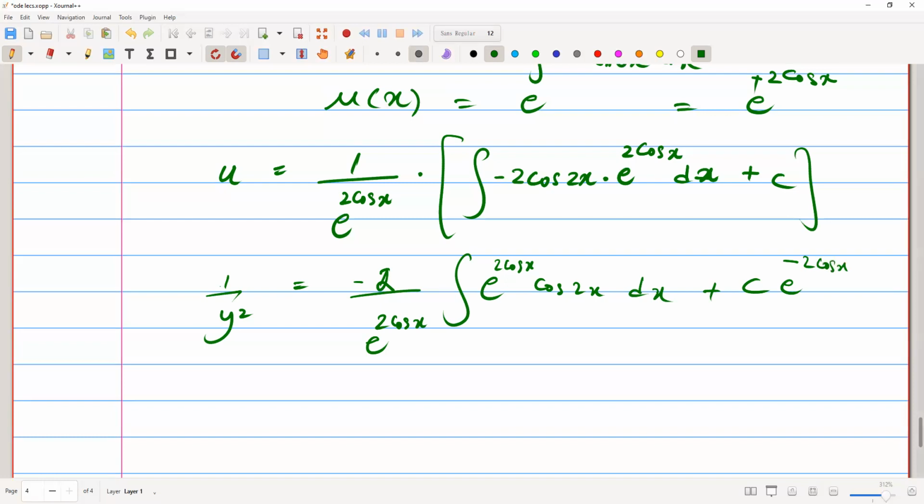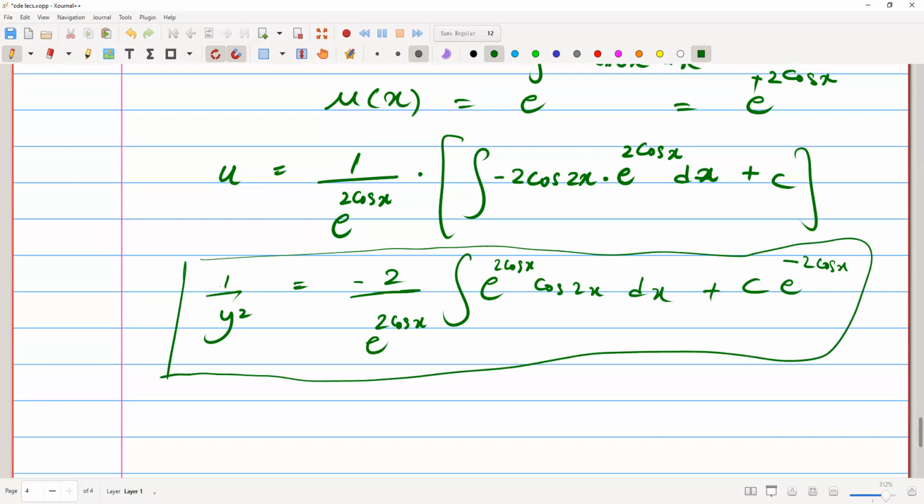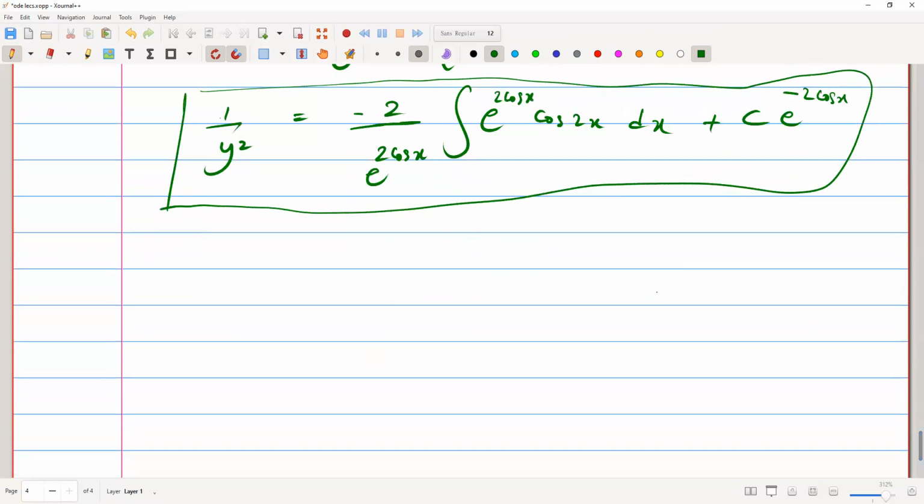So this is the solution for this problem, and we can leave it here because this integral cannot be evaluated analytically. We can perform some numerical steps to find these kinds of integrals, right?